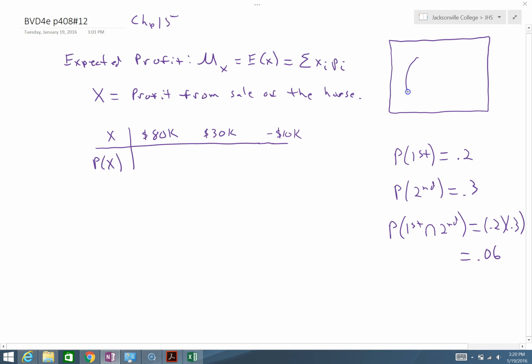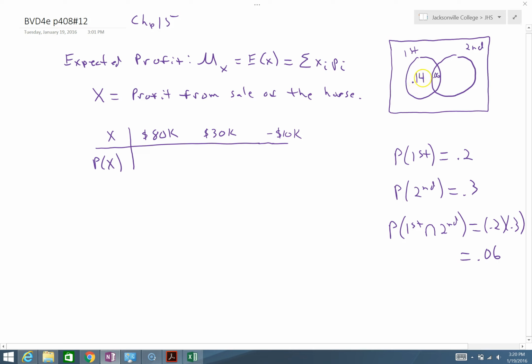This is my first race. This is my second race. And here is the overlap. When we do our Venn diagram, we start with the overlap. 0.06. That's in my intersection. Well, the first race, we have a 20% chance, but we've already got this 0.06, so what's left over here is a 0.14.